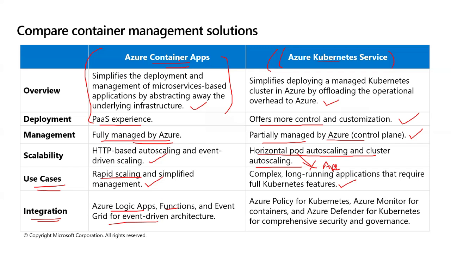I can use container apps to integrate with these sub-services: Azure Logic Apps, Function Apps, and Event Grid. This is all time trigger or event-driven. For Kubernetes, there is Azure Policy for Kubernetes, Azure Monitor, and Defender for Kubernetes for comprehensive security and governance.